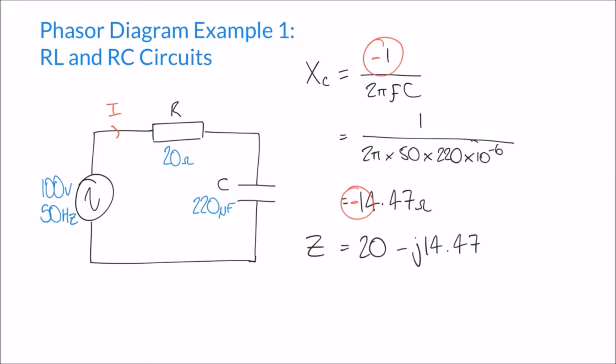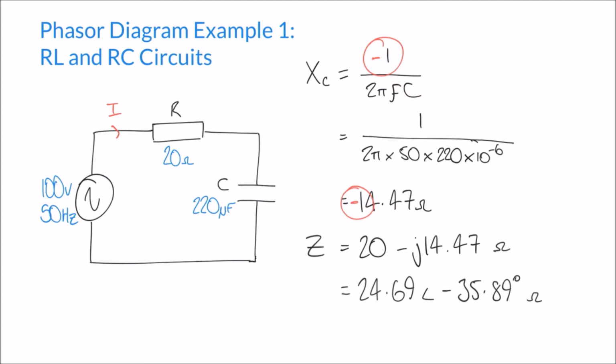We're just going to go straight from one to the other. 20 minus j 14.47 is going to be expressed in polar form as 24.69 at an angle of minus 35.89 degrees, and that's an impedance, so they should both be measured in ohms.